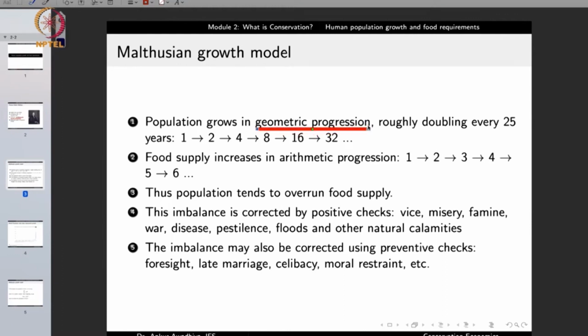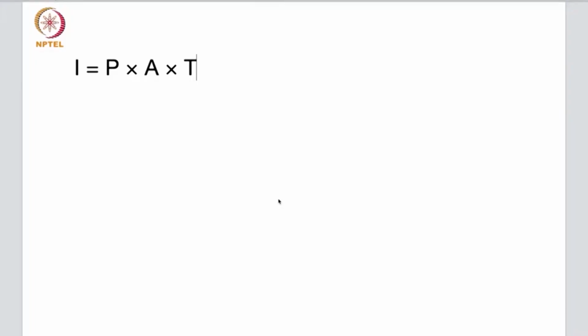Now, what is geometric progression? Geometric progression means that every term in the sequence is a multiple of the previous term. That is, we can write it as the nth term, a_n, is equal to a_(n-1) times a particular factor k.